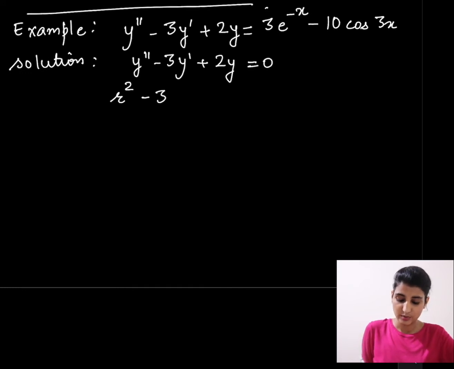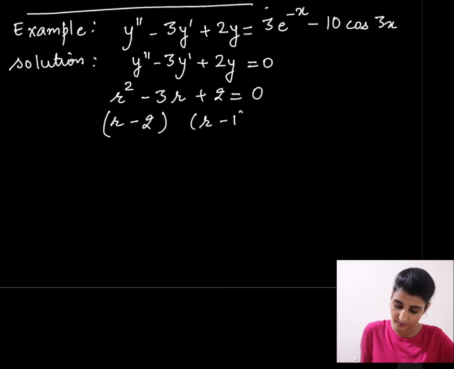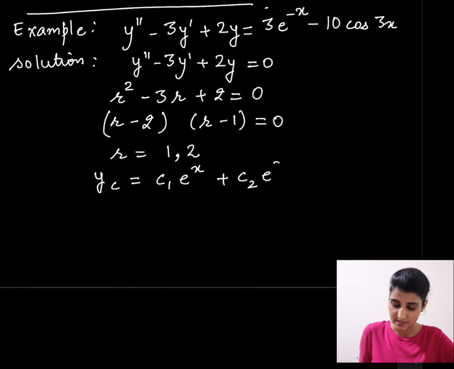For double derivative we replace by r square. For first derivative we replace by r. Find the roots of this equation. You can use either the quadratic formula or you can factorize. Here I am going to factorize. So (r minus 2)(r minus 1) equal to 0. So roots are 1 and 2. So our complementary solution will be c1 e power x plus c2 e power 2x.